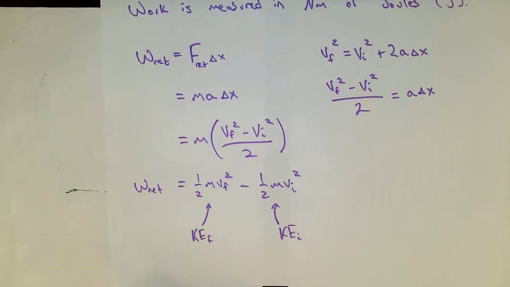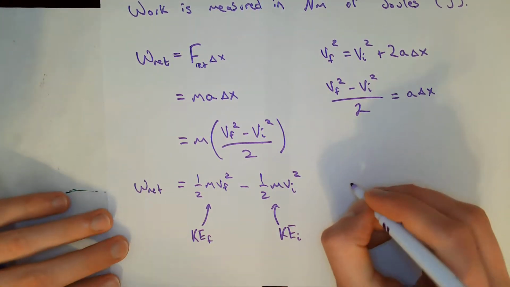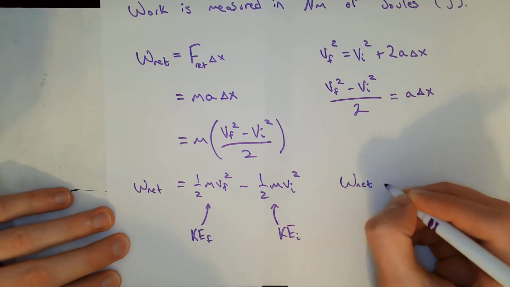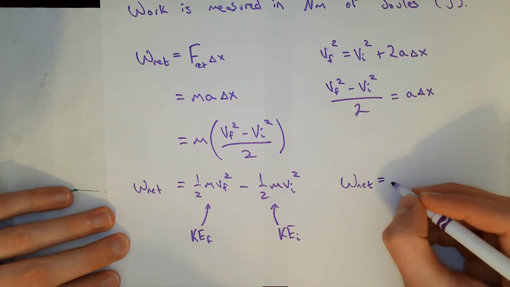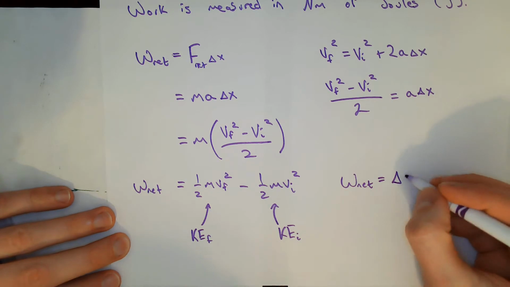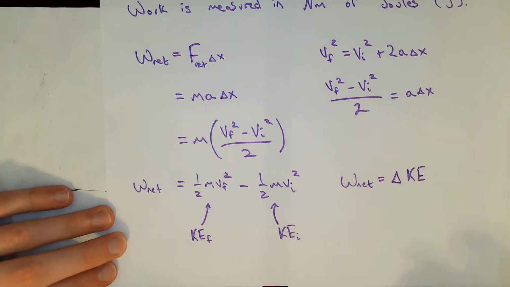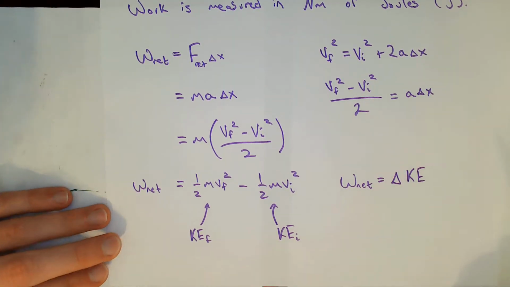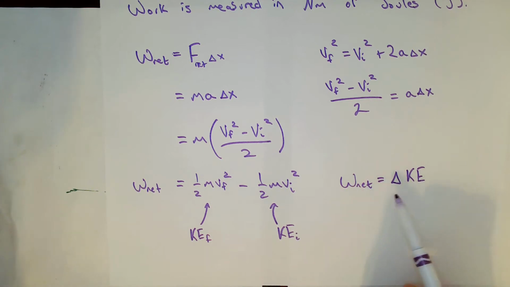And that whole idea can be summed up with this. If I use the delta notation, I can clean it up quite a bit and say that the net work, or overall work, is equal to the delta KE, which just means the change in kinetic energy, which if I write it out more explicitly, this is exactly what it is.